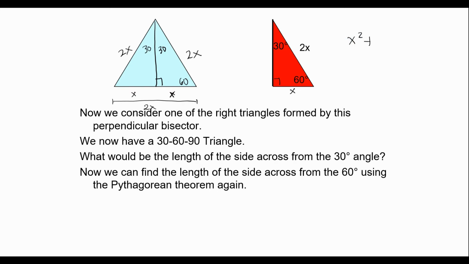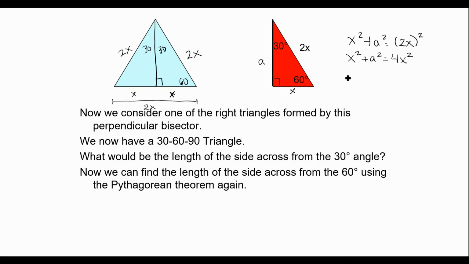we're going to call this a. So x squared plus a squared equals 2x squared. When we do this, x squared stays the same, plus a squared, and we square 2x, so (2x) squared becomes 4x squared.